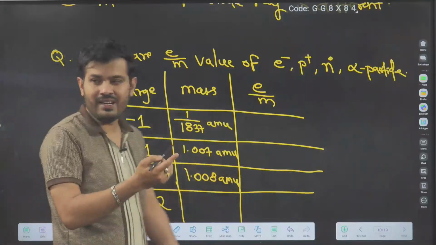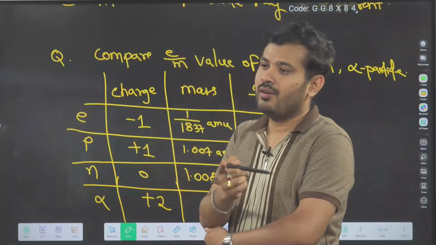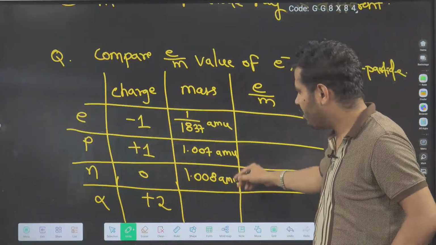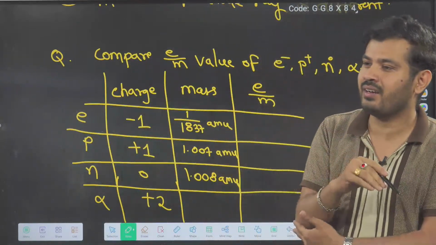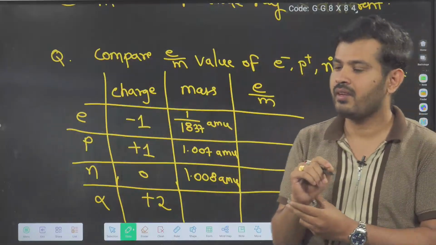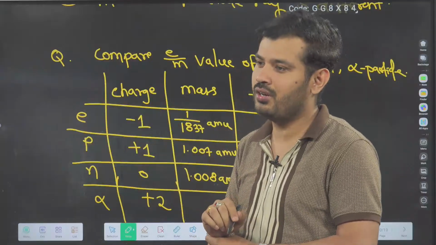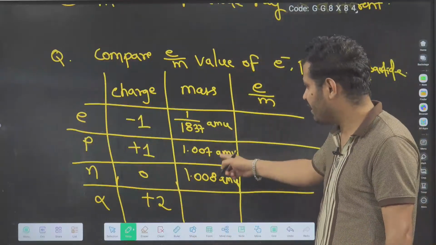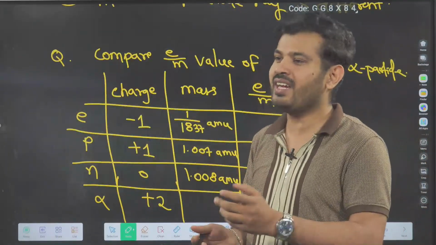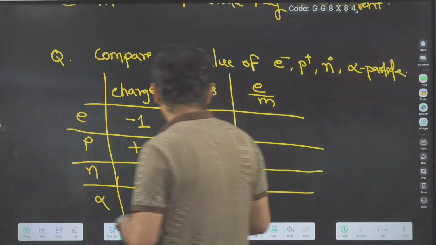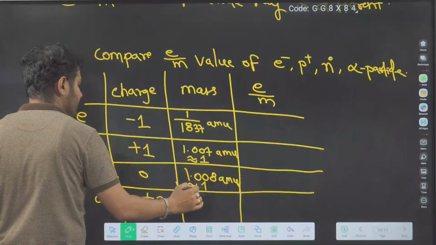You might have studied earlier that proton and neutron mass is the same, but that is not exactly the same. Out of proton and neutron, which one is slightly heavier? Yes, it is neutron. Neutron is slightly heavier than proton. But for approximation, we can say both are almost the same mass. 1.007 we will approximate as 1 AMU, and this one also we will approximate as 1 AMU.